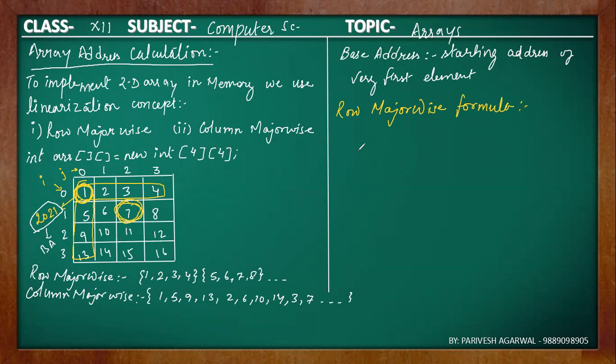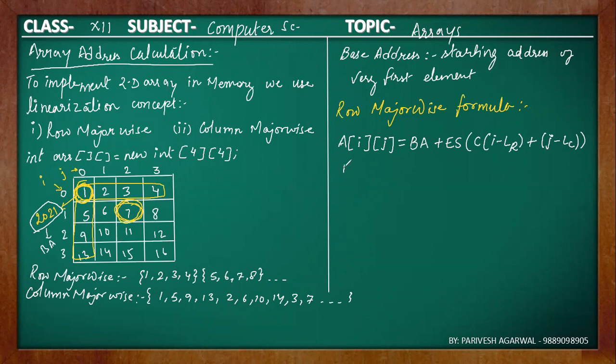If you want to find the address of array of ij, where ij is some location where you have to find the address, the formula will be written like BA, that is base address, plus ES, that is element size, into, in the bracket, you will write the number of columns multiplied by I minus LR, which is the least index of the row, plus J minus LC, which is the least index of the column. So this is the basic formula for row major wise calculation.